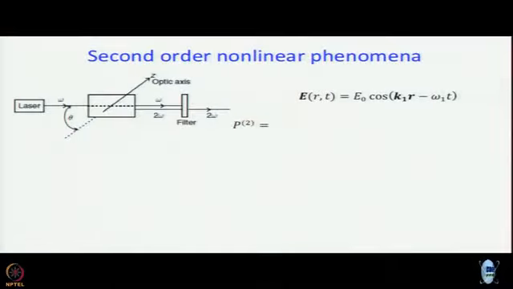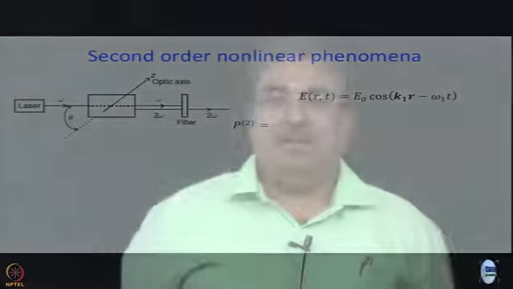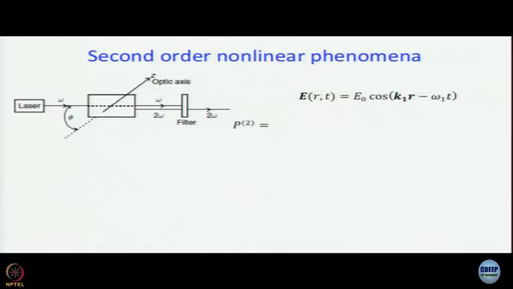So, can you work out the expression E0 square cos square theta? If I want to write it in terms of cos of 2 theta, what do I get?